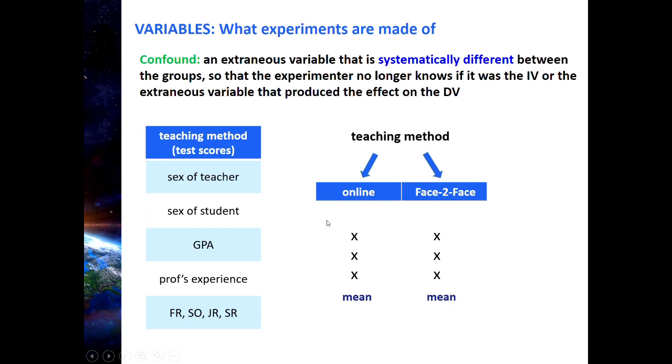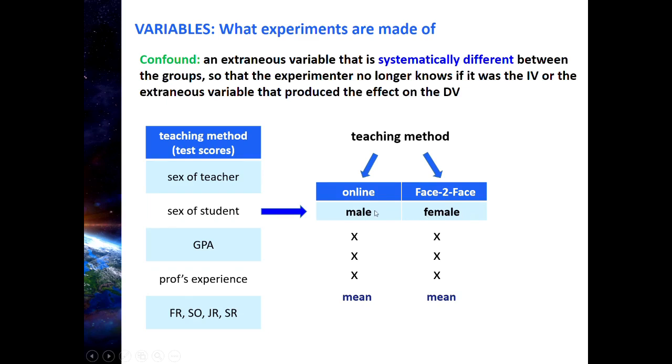But what if, by some weird fluke, the sex of the student somehow became systematically different between the groups? So what if, by some fluke of nature, most of the people in the online group happen to be male, and most of the people in the face-to-face group happen to be female?